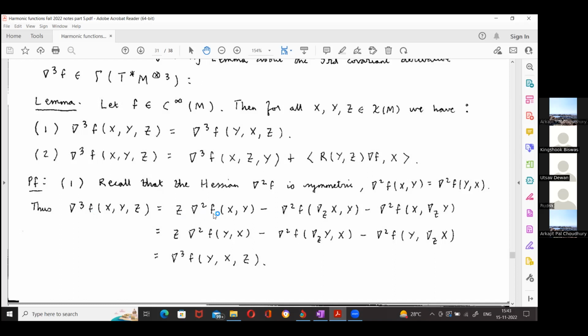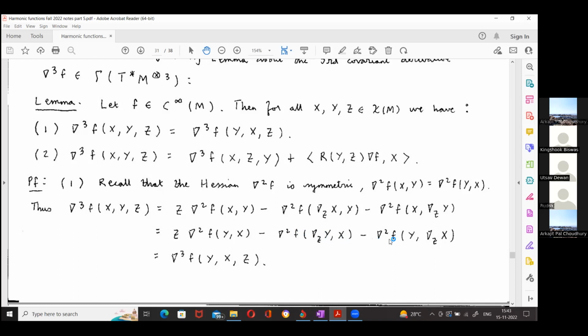Now, in nabla squared f of x, y, I can interchange the x and y, because nabla squared f is symmetric. So this first term is the same as nabla_z acting on nabla squared f of y, x. Then this term also, I interchange the x and the nabla_z y, so I get minus nabla squared f of nabla_z y, comma x.